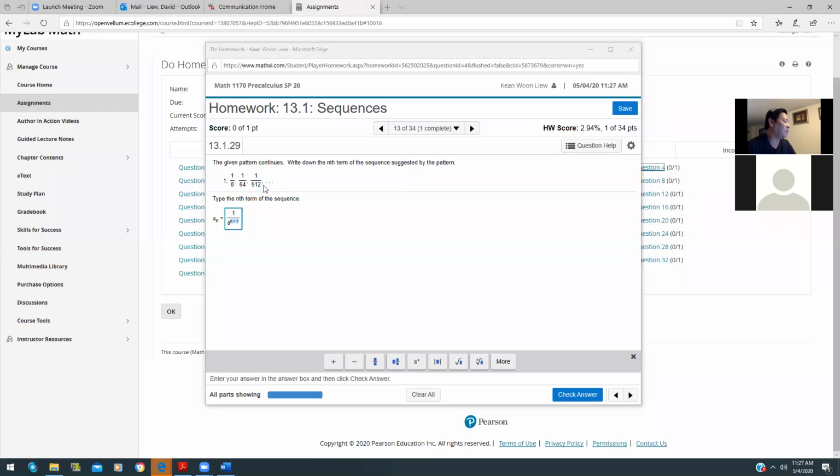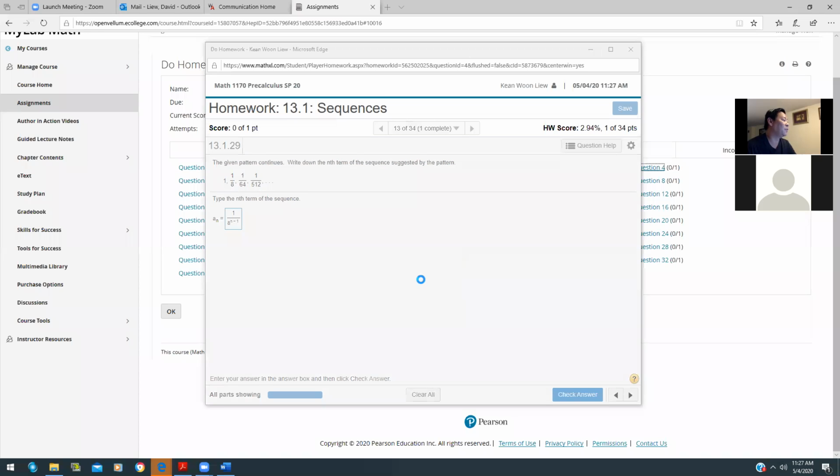You will learn this in 13.3. A geometric sequence is a power sequence, so it's 8 because you multiply by 8. The n is where it starts, and then you have to minus 1 because of your previous term. So these are things that you have to really work on.